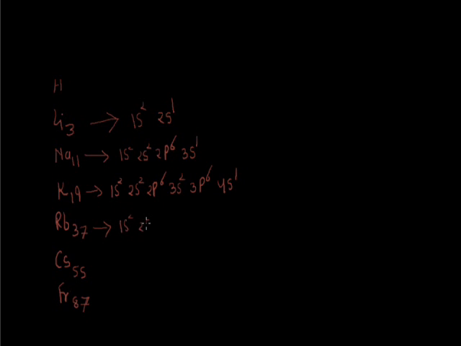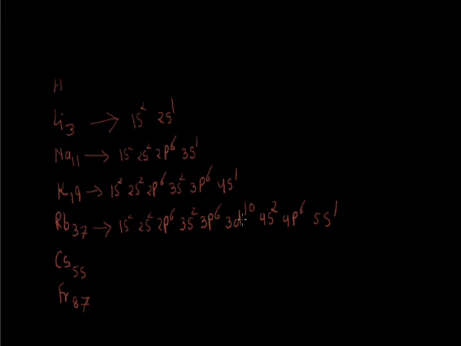And rubidium is 1s2, 2s2, 2p6, 3s2, 3p6, 3d10, and 4s2, 4p6 and 5s1.